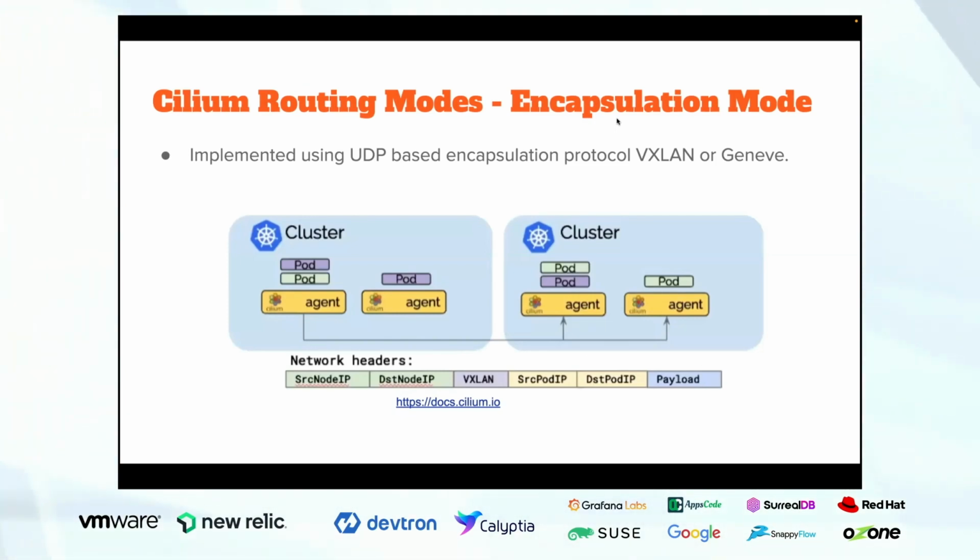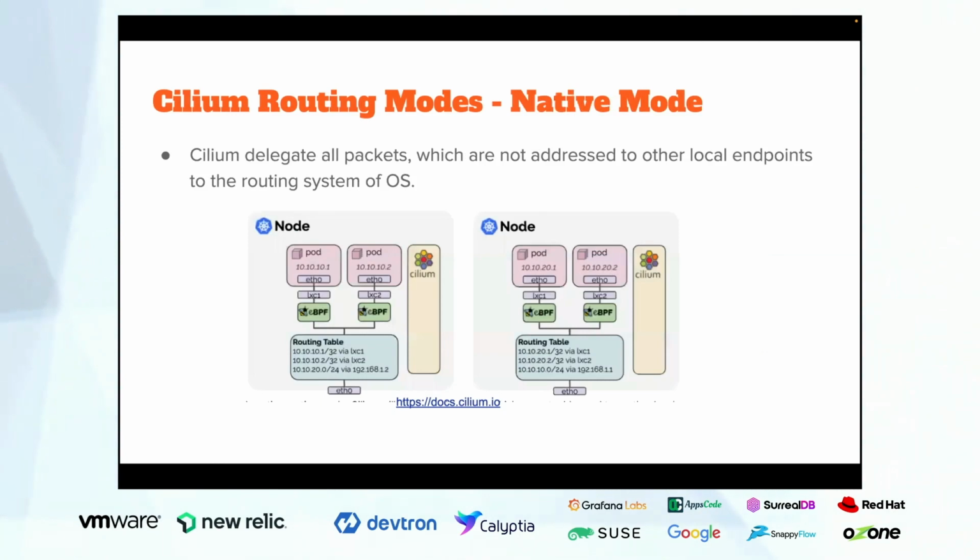So this may be a bit slow because you have to encapsulate here and then decapsulate here. The second mode is the native mode, where the routing table is configured at both the endpoints. Whichever traffic is not local would go via the routing table. So in this case, the traffic would go from this particular pod to this particular pod directly.